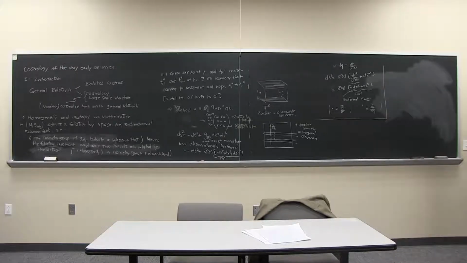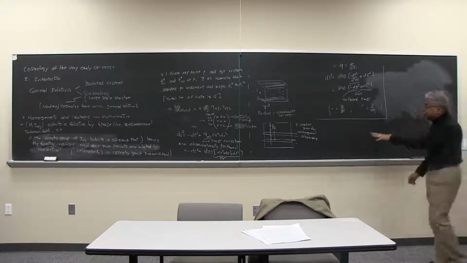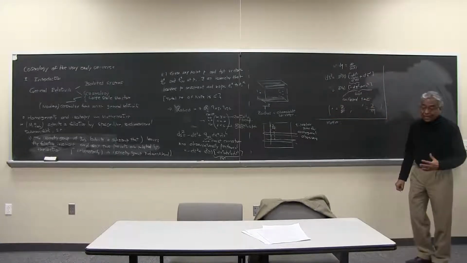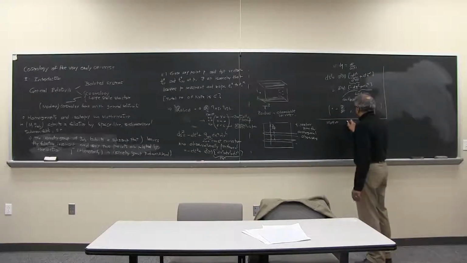All right. So this is geometry, and now we would like to say, what about matter? In Einstein's theory, we want to look at matter, and the matter is taken to be a perfect fluid.